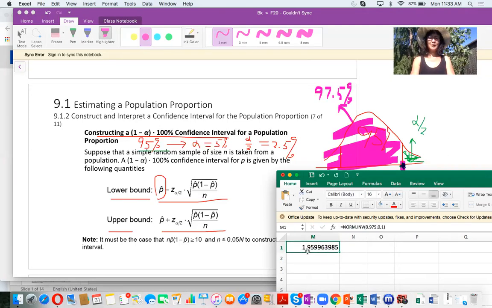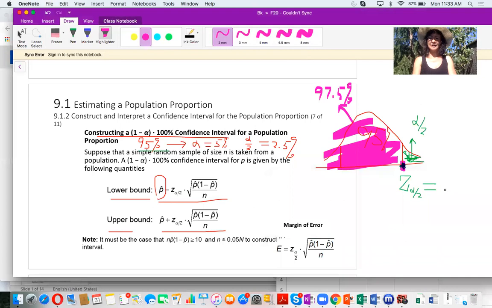So you get 1.96. Okay. So this point equals 1.96 based on the Excel formula.